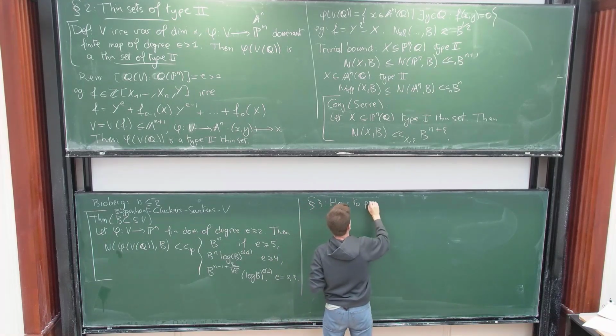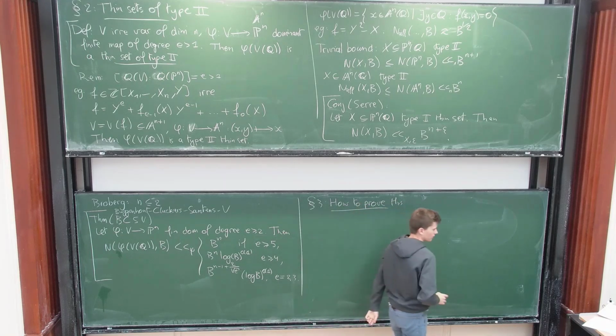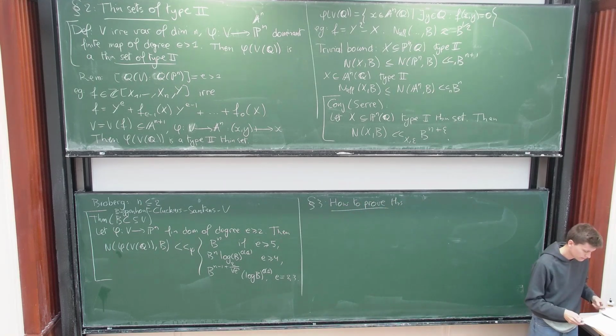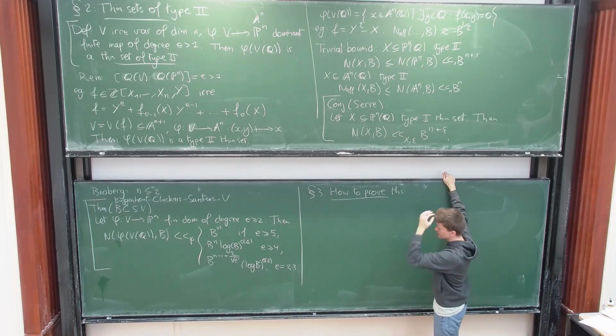Okay, so now I want to talk about proving this kind of statement, both for type 1 and type 2 thin sets. First I want to focus on thin sets of type 1.